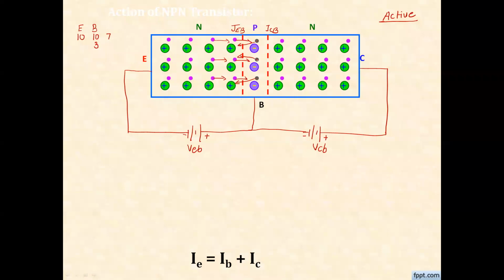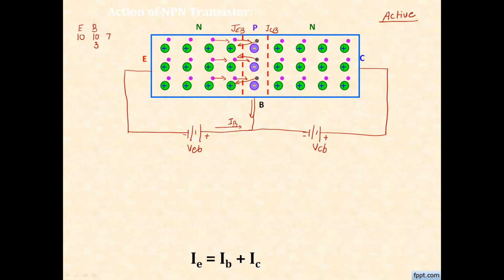And the electrons that combine with the holes get a negative charge, and then these electrons are attracted towards the positive terminal of the battery. And hence a base current will flow in this direction from the positive terminal. So this is the direction of the base current here.